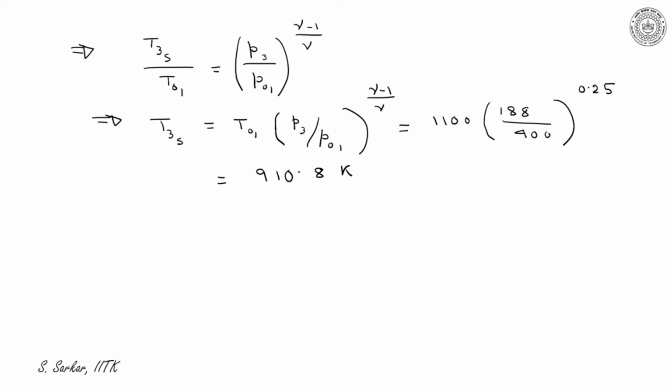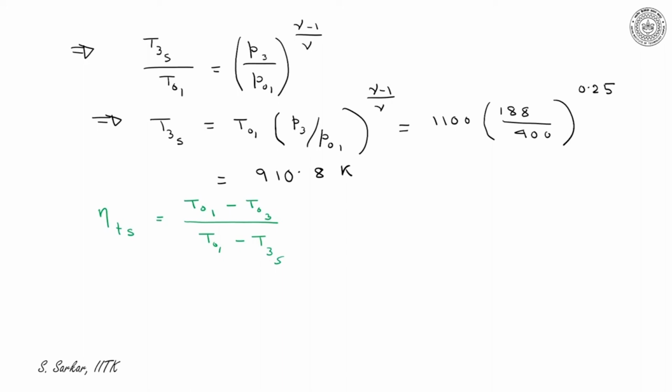Thus now I have evaluated static temperature at the exit of the stage. So I can define total to static efficiency, eta TS, as T01 minus T03 divided by T01 minus T3S.